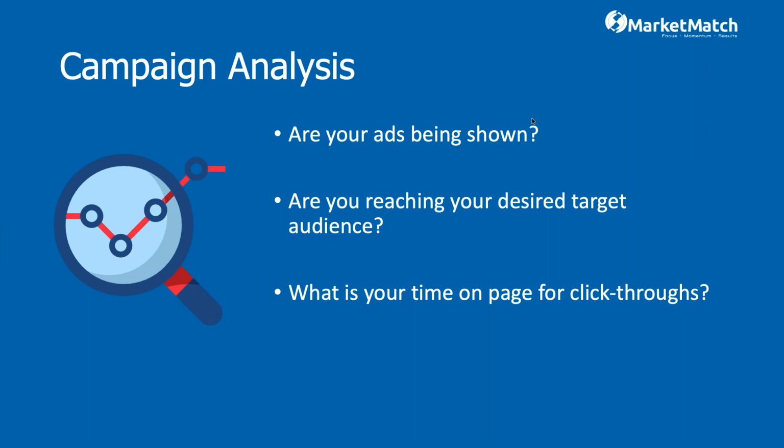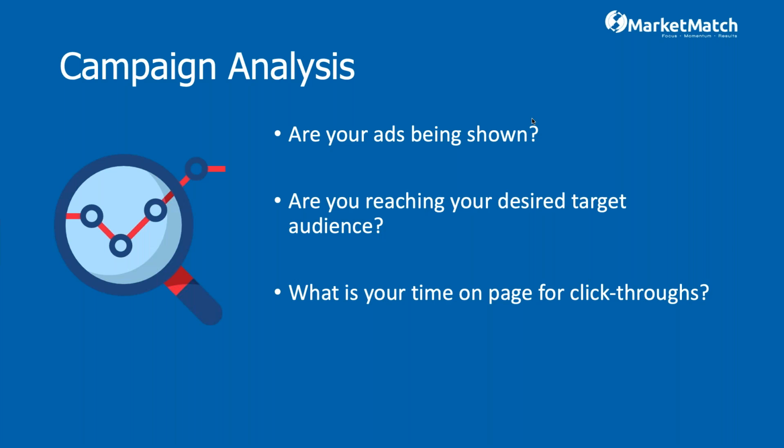And there are a number of different ways that we can help diagnose this strategy. The first thing is, are our ads being shown? That's a quick yes or no answer. If we're not seeing the traction, then it's time to perhaps raise the bid amount or raise our budget for a short period of time so that we can get more ads shown and make it more relevant in the inventory space.